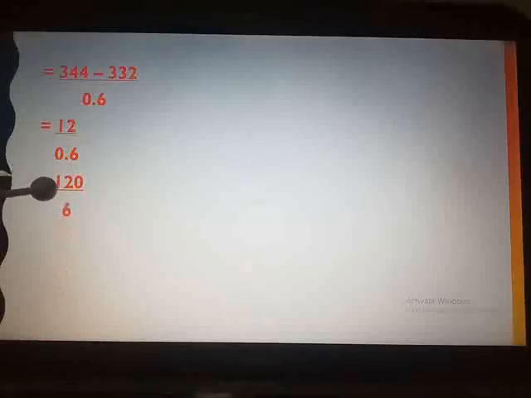This is the rise in speed per degree rise in temperature. So 344 minus 332 comes out to 12 upon 0.6. If you shift the decimal point in the numerator part, it will become 120 divided by 6. So your final answer will be 20 degrees Celsius. So the temperature when the velocity has increased to 344 meters per second will be 20 degrees Celsius. Very simple.